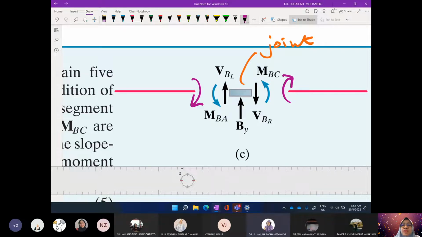And the moment that we distribute in the table is joint moment, not member end moment. So we can conclude that joint moment and member end moment are opposite between each other.